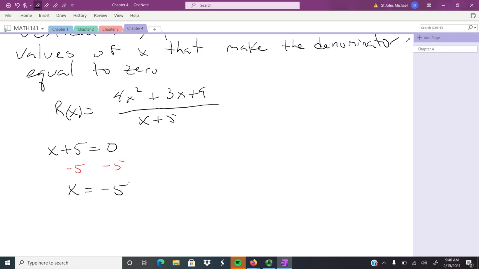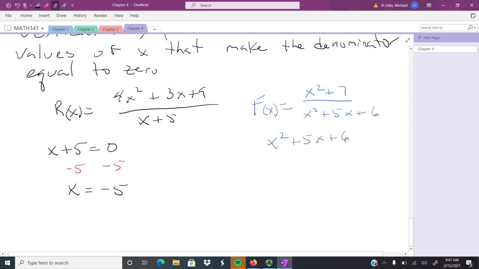We could also have another one. Let's say I had this one. And we said, okay, so now you have f of x equals x squared plus 7 over x squared plus 5x plus 6. Well, again, are there values here that make this equal to 0? This thing is factorable.